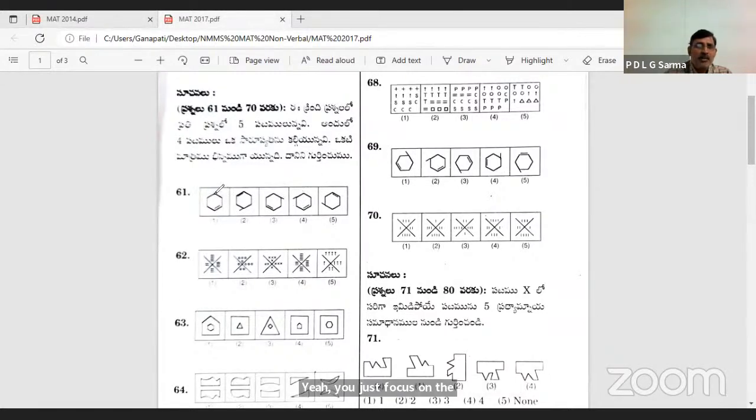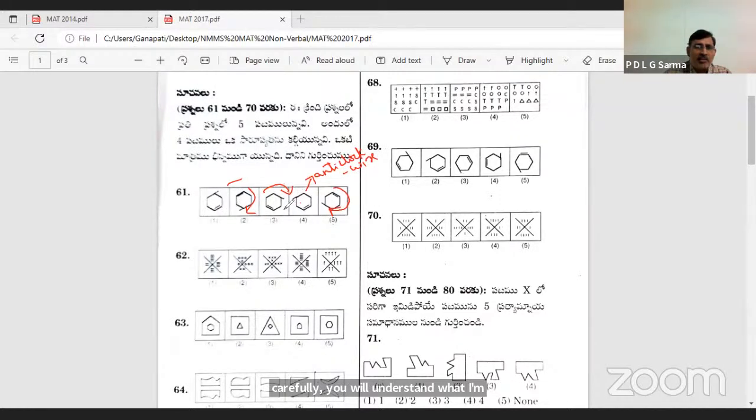You observe this line is existing like this, means clockwise. When this figure is rotated like this is clockwise, and when it is again further rotated clockwise, you are getting this. When further it is rotated, you are getting this clockwise, but this is only in anti-clockwise direction. Observe carefully, you will understand what I'm saying.